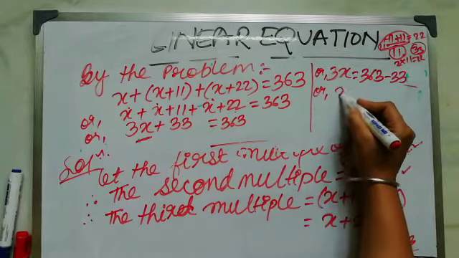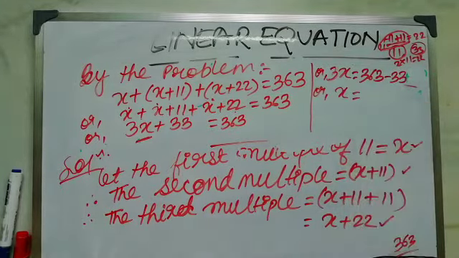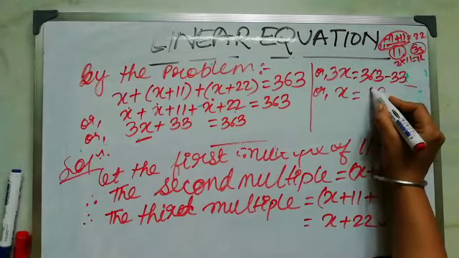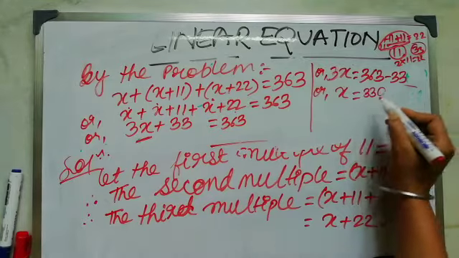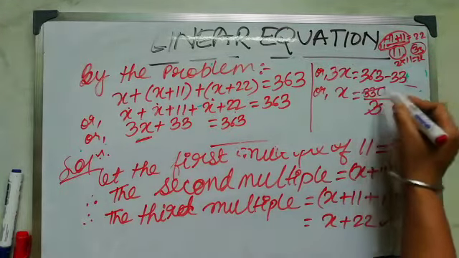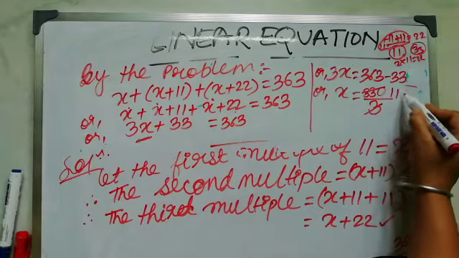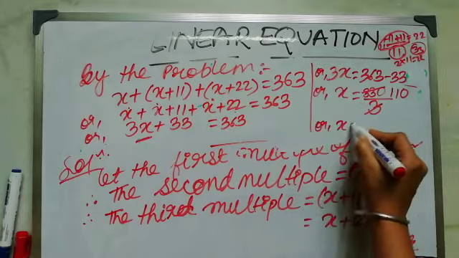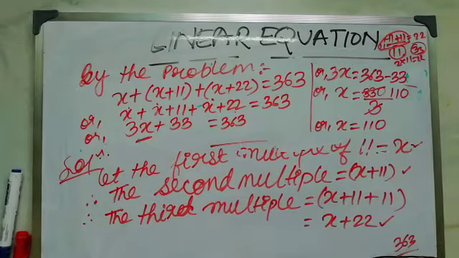If I subtract this, what will I get? See, 0, 3, 3, fine, and this is 3, so it is 1, 1, 0. So x is equal to 110. Isn't it, students? Hope there is no problem with this.